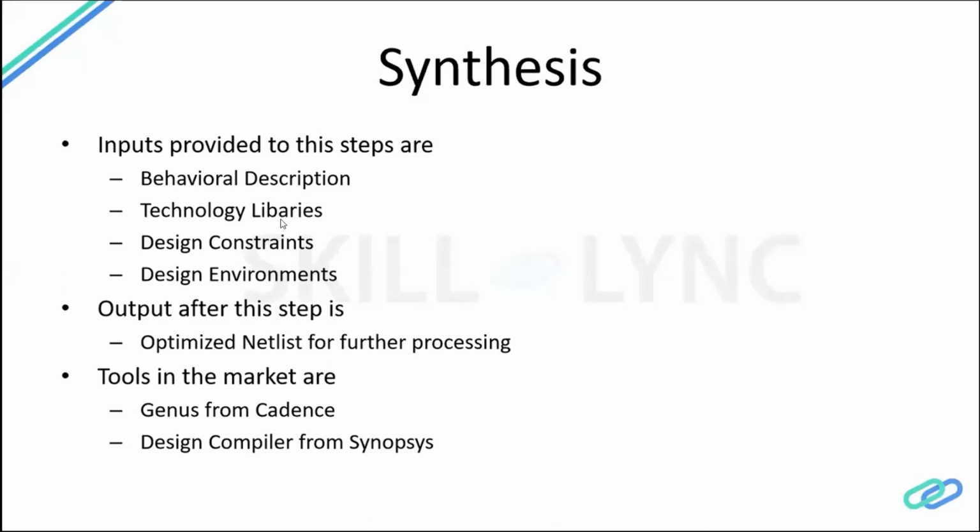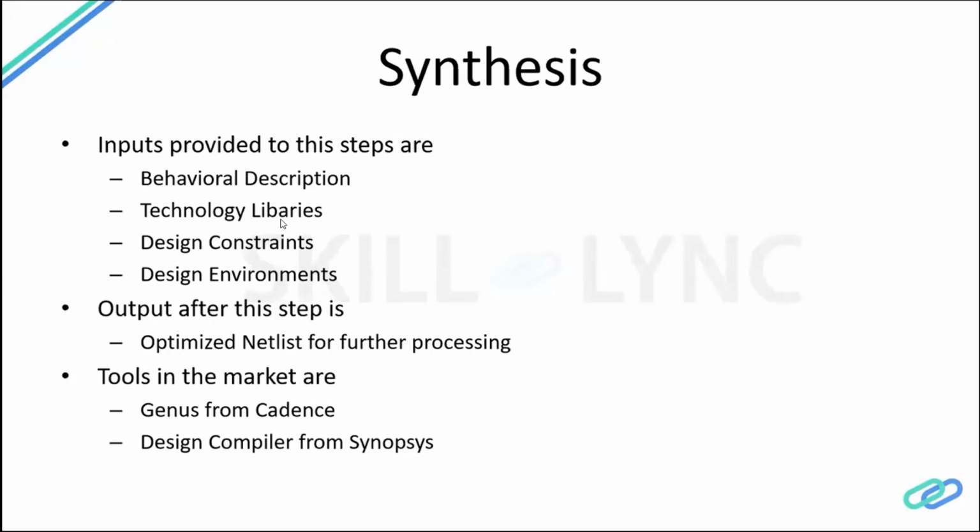Each technology will have a library. So what exactly does the library contain? It contains all the components which are needed in the design. We might have learned that the basic components are AND gate, NOR gate, NAND gate for the combo logic, and D flip flop for the flops.